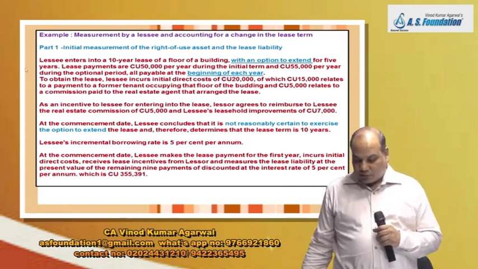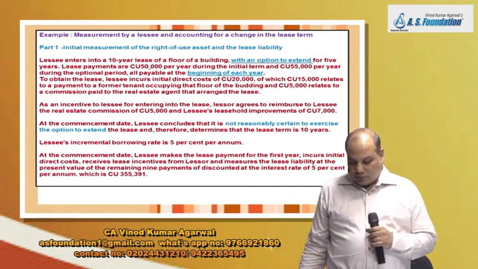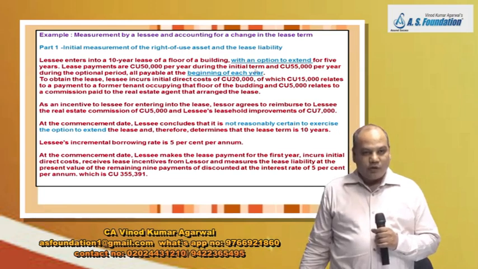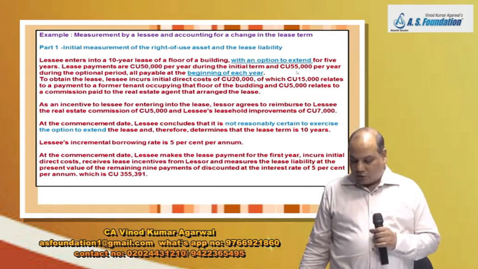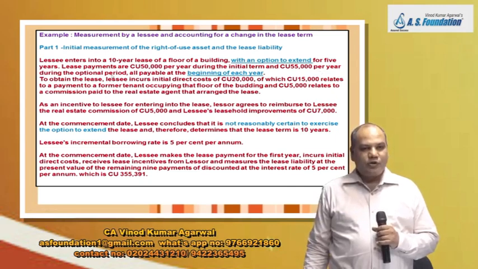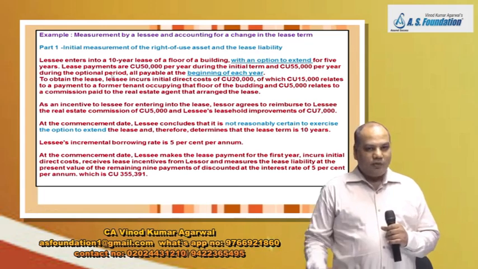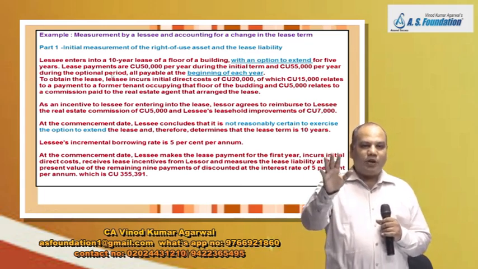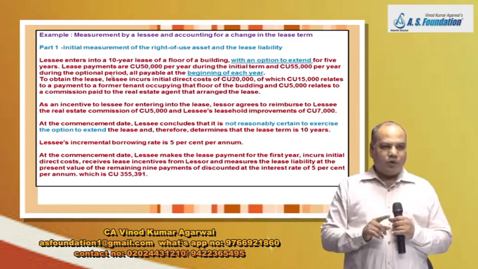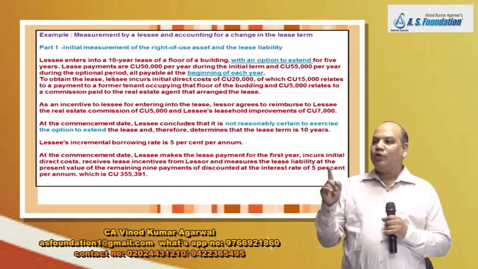Lease payments are 50,000 currency units per year during the initial term, and 55,000 currency units per year during the optional period, which means first 10 years it will be 50,000, but if you decide to extend the period, then years 11 to 15 it will be 55,000.